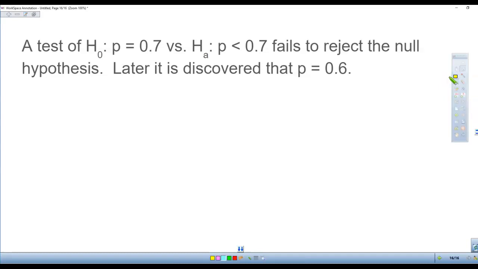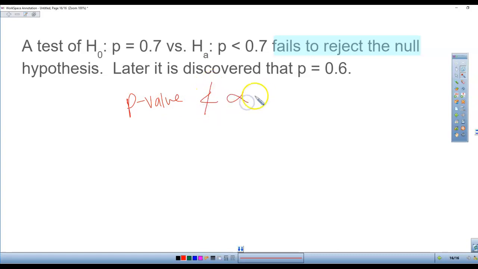Our next example, we have a test of the null hypothesis p is equal to 0.7 versus the alternative, we said p was less than 0.7. And then after you do your hypothesis test, we failed to reject the null hypothesis. So if we failed to reject, that means your p-value was not less than the alpha level.